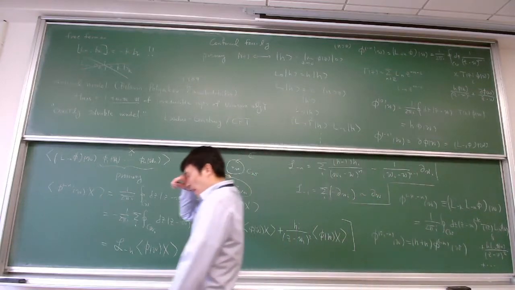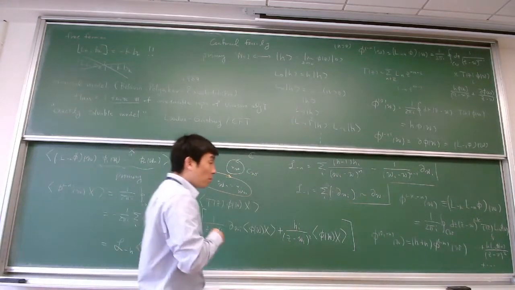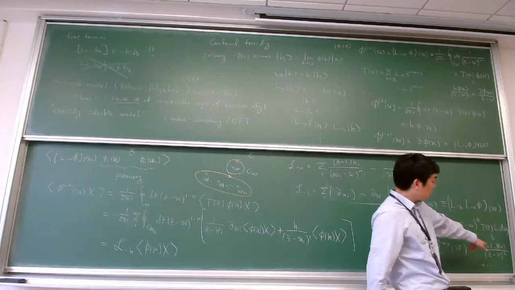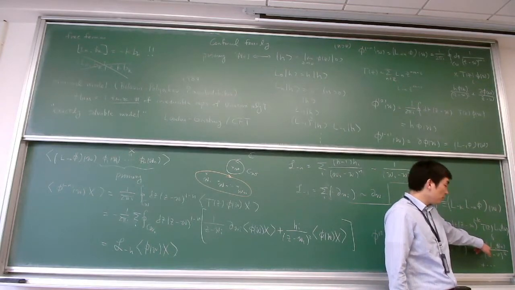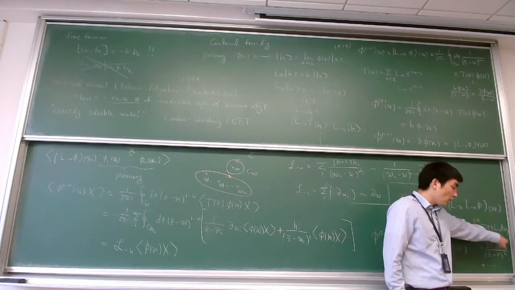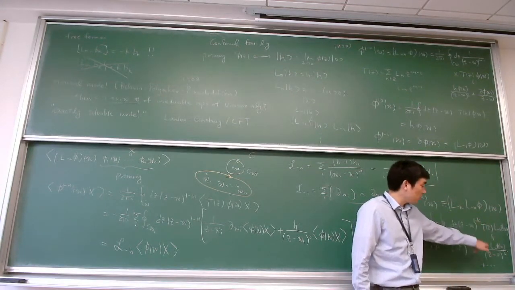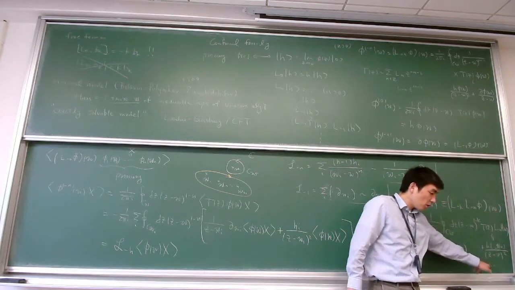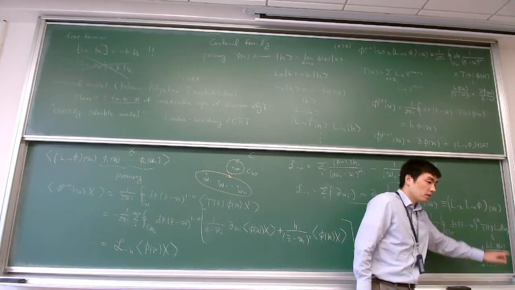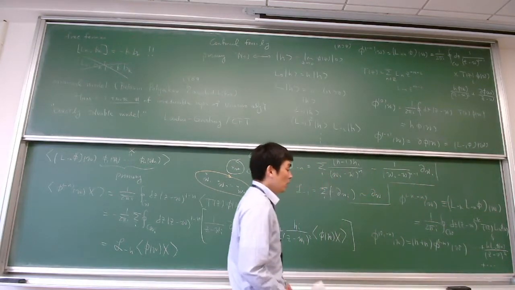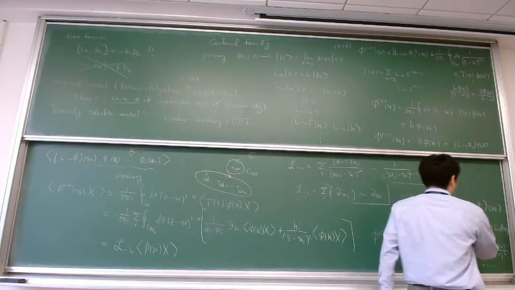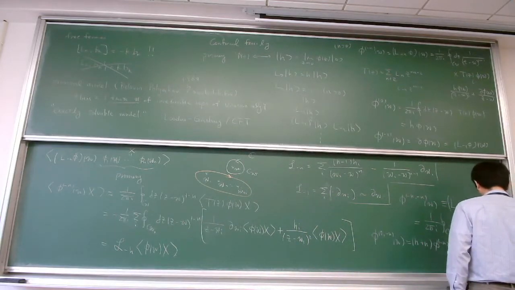Even though it's not primary, the second pole always has the conformal dimension, the scaling dimension, times this operator. Then if k is equal to 0, the 1 cancels with this 2, you have a first order pole, and you pick up this one. Sorry, h plus n.